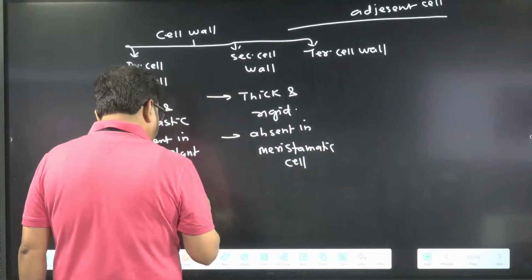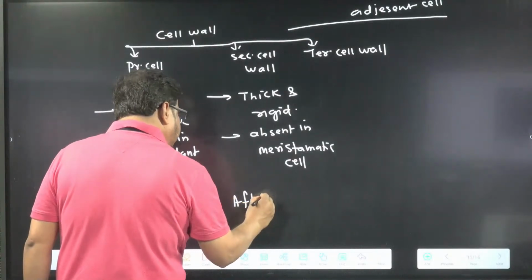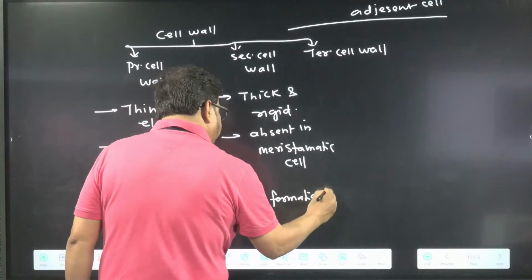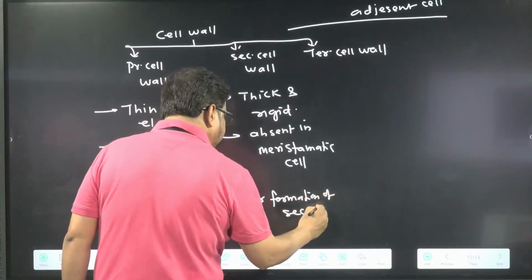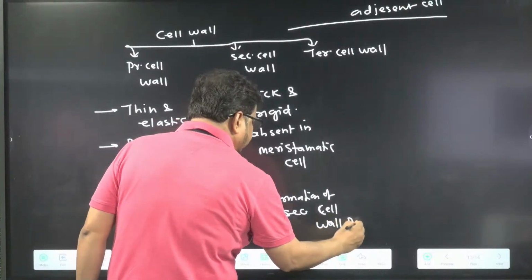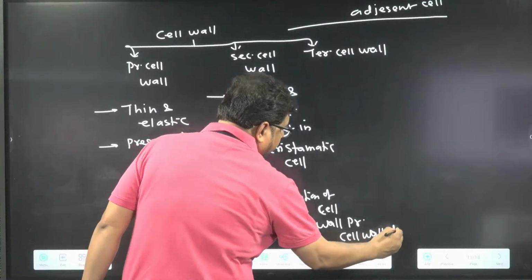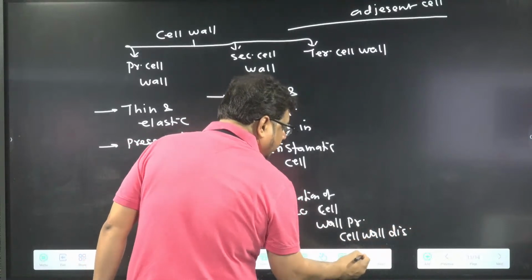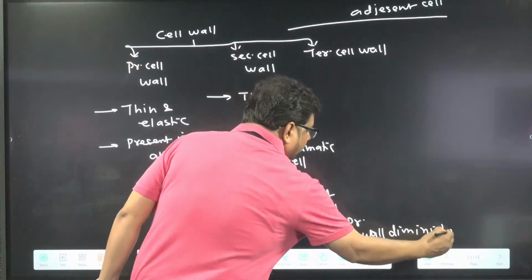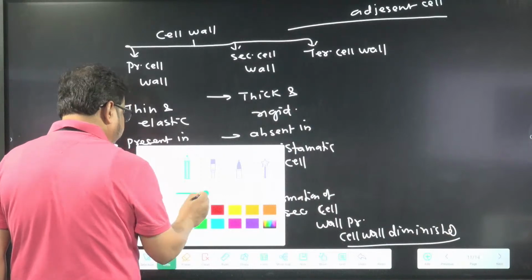And after formation of the secondary cell wall, the primary cell wall diminished. What is the meaning of this line?